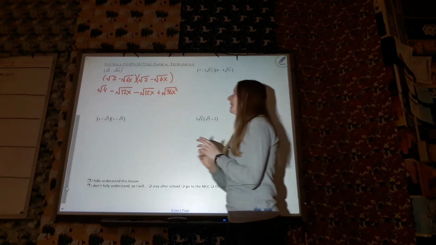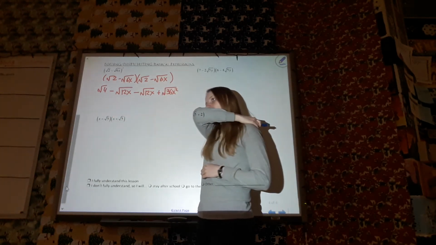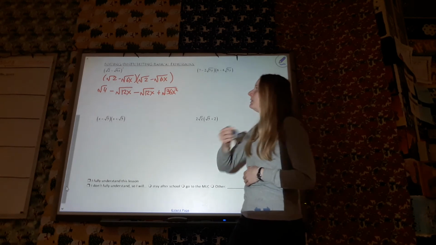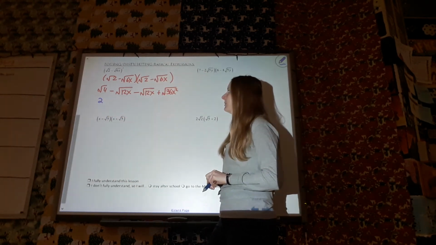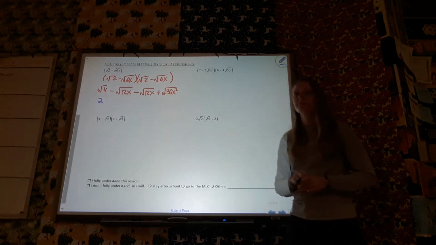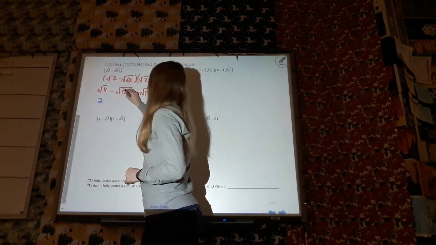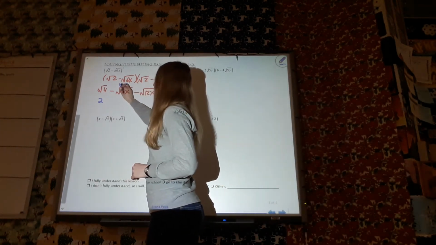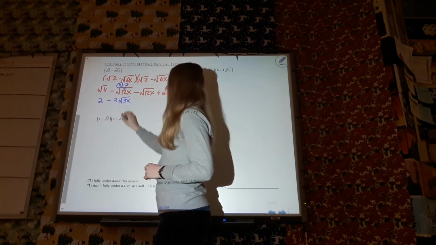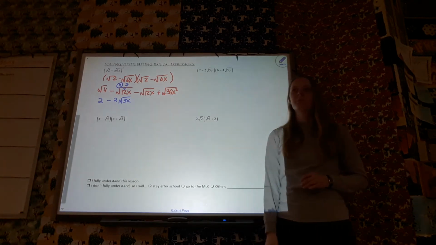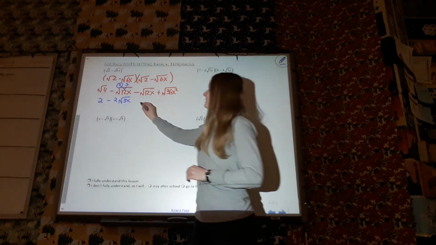Alright? Can I simplify the square root of 4? 2. Alright, can I simplify the square root of 12x? 4 and 3, right? So this becomes negative 2 square root of 3x. Okay, I have the exact same thing again.